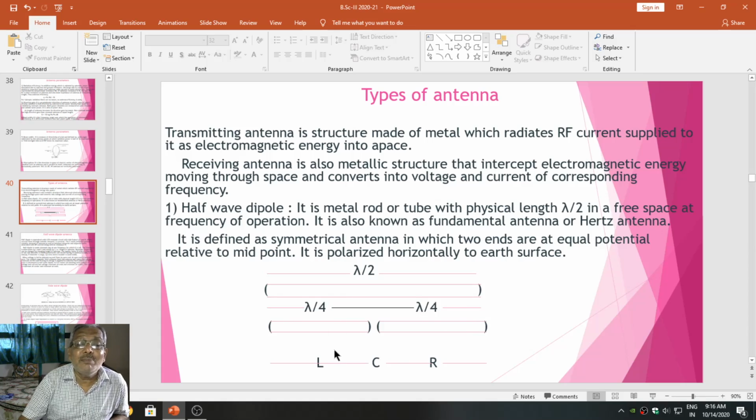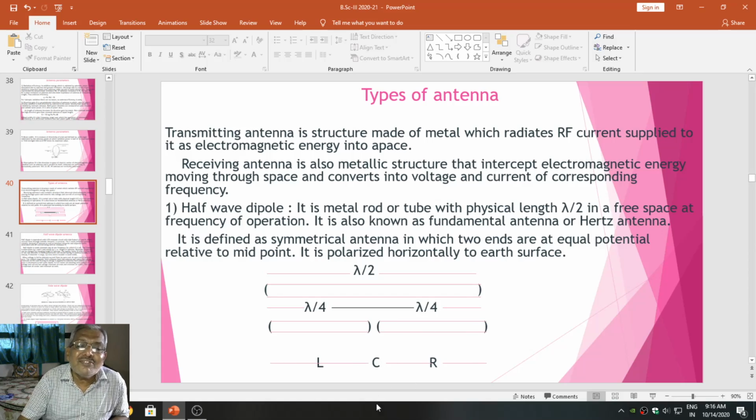From the point of view of transmission of the radio frequency signal, this half wave dipole represents the form of lumped parameters. When it starts functioning, the first part represents the inductive aspect, the phenomena of inductance. The last part represents the phenomena of resistance. In between these two poles, the space that is present acts as the capacitor.